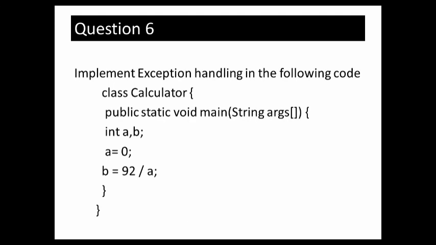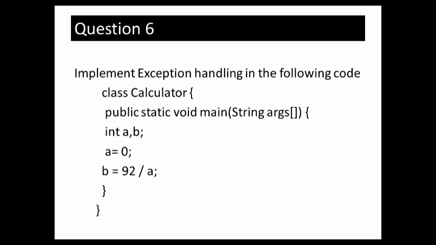Okay, the last question we are covering is question number 6. We have to implement exception handling in the following code. We have a class that we are referring to as calculator, and within it we have the main method. Within the main method we have declared A and B, and then A has been initialized as 0, and then B is basically 92 divided by A, which is 0.